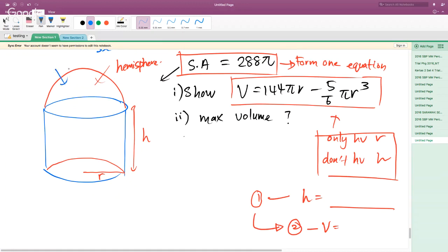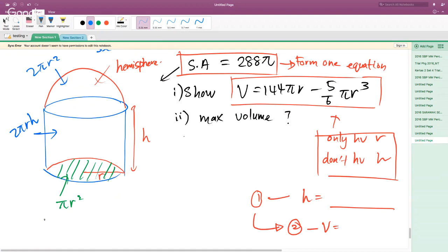The hemisphere on the top, the surface area is 2 pi R squared. The cylinder's bottom part is just pi R squared, and the middle part is 2 pi R H. If you don't understand how to find this area, you need to go back to Form 3, because you already learned all this in Form 3.